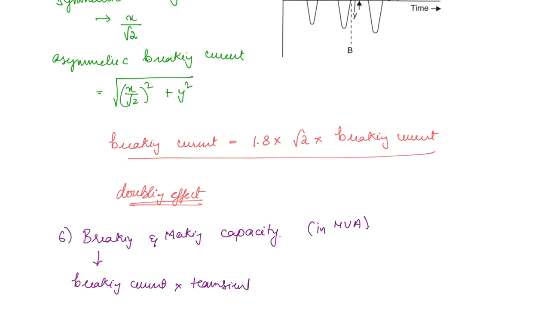Often you can differentiate into symmetric breaking capacity as well as asymmetric breaking capacity. If it is symmetric breaking capacity, you have to take the symmetric breaking current here. If it is asymmetric capacity, you will take the asymmetric breaking current here. Then what about making capacity? This is going to be the making current into the transient voltage. So these are the few ratings that are important.